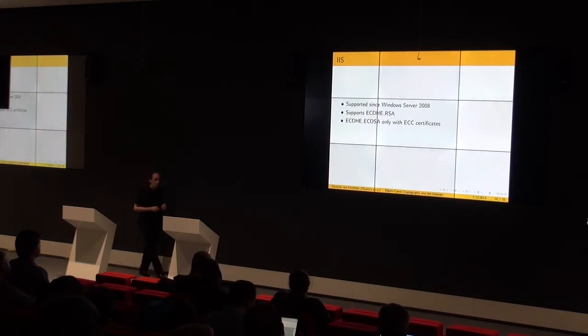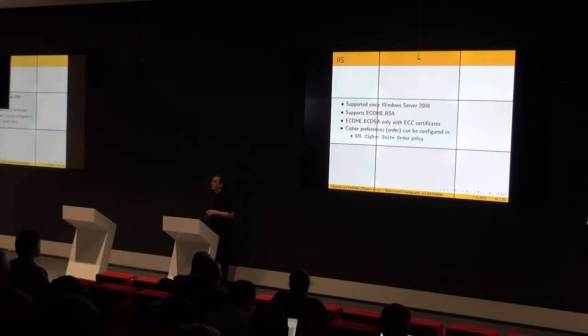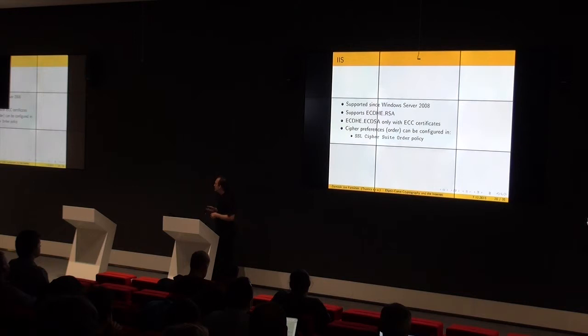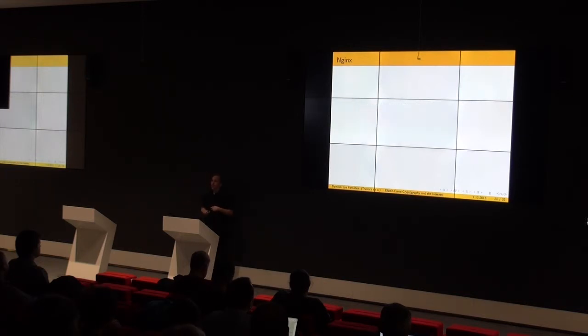That's pretty cool. The only thing you have to configure is the preferences in the SSL cipher suite policy. And honestly, I do not know where in the registry it is, but I guess in this building there are a few people who may tell you where in the registry you can find that. It should be easy, at least on the backend side. They wrote it is easy.